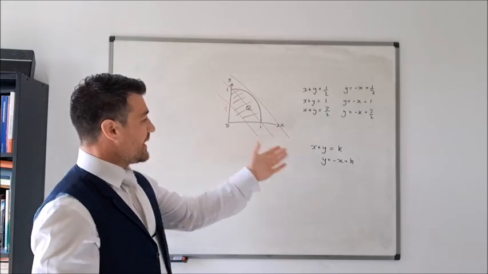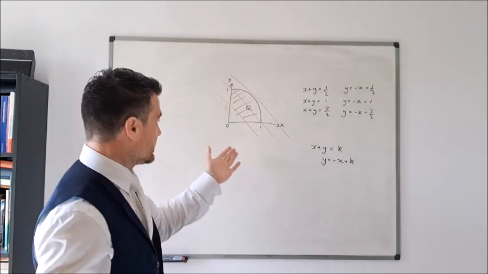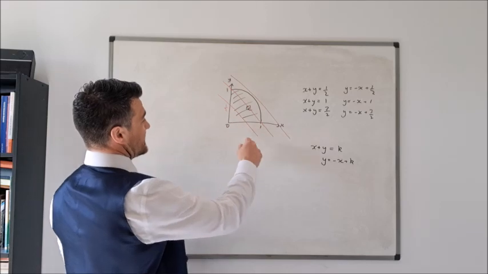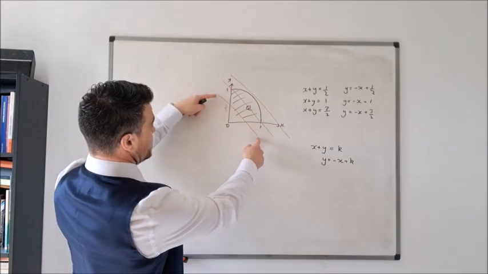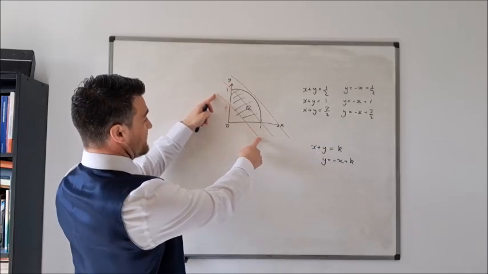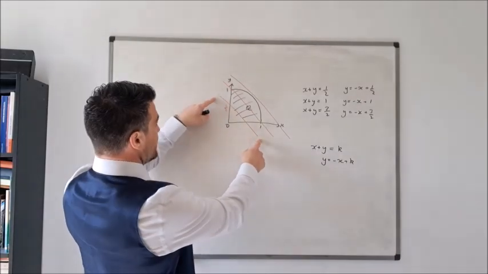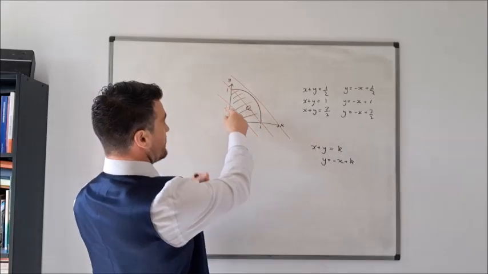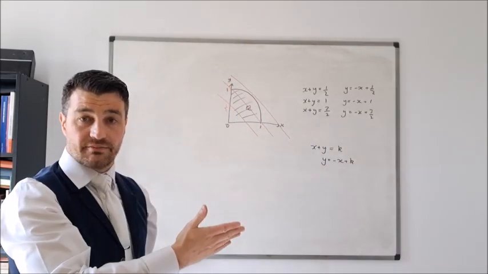Because what I can see is, if I think about this now as the equation of a straight line, what happens if I increase the value of k? Well, that just increases the y-intercept. I can imagine it as this line just moving up a bit. So if here we've got k equals a half, if I increase k, I can visualize it as this line just moving up. Okay, the y-intercept is increasing.